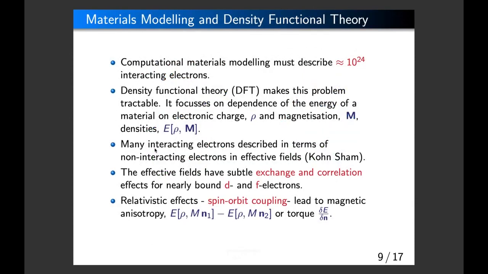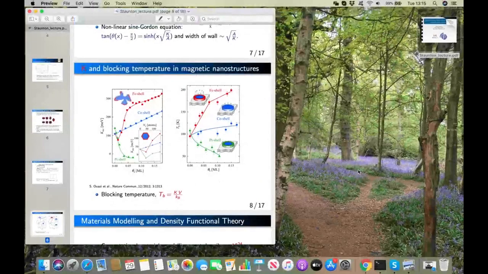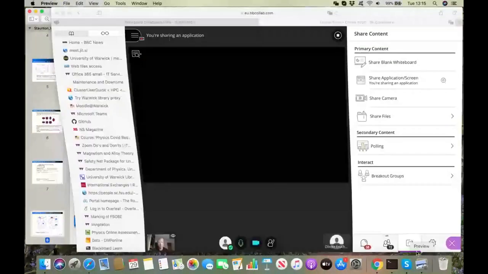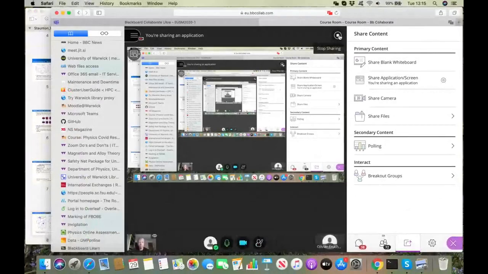Okay, so as I keep going about ab initio modelling, I'll just say a few words about that. What I would just like to do is to see people's familiarity with this. So this will be a very, very quick poll. So let me just stop sharing. A very quick poll, multiple choice, yes or no answers.